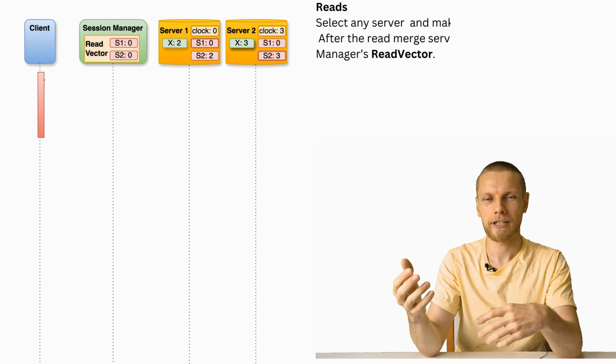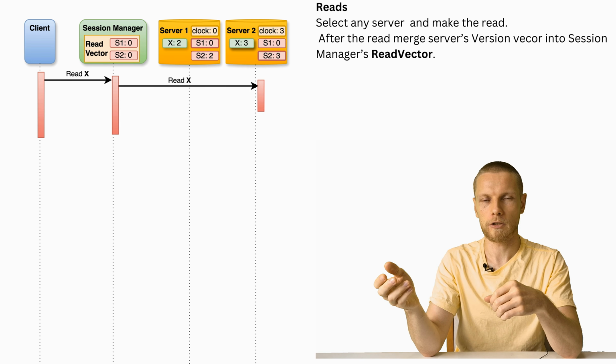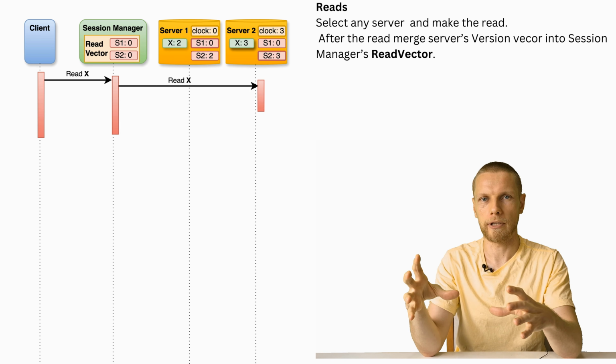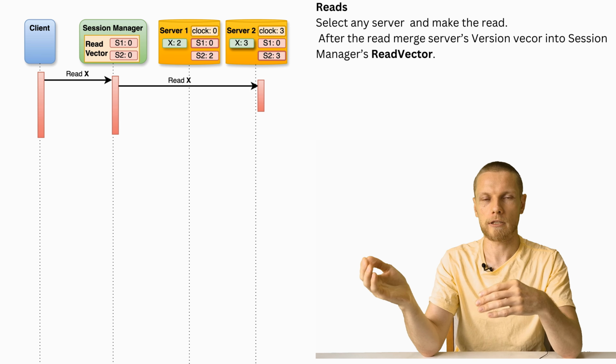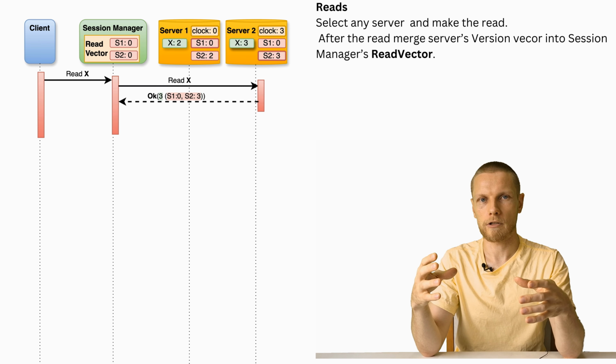Now let's use this state, which we carefully prepared, to illustrate how exactly write follows read would work. The client issues a read request, which is forwarded to server 2, our most up-to-date server, and together with the response of the value x, server 2 also provides its version vector.